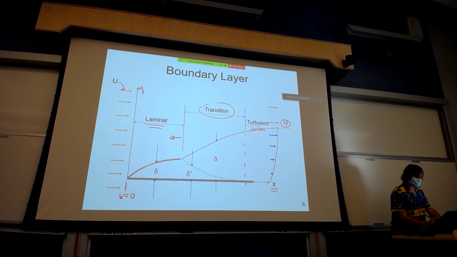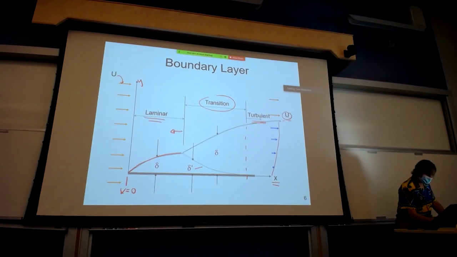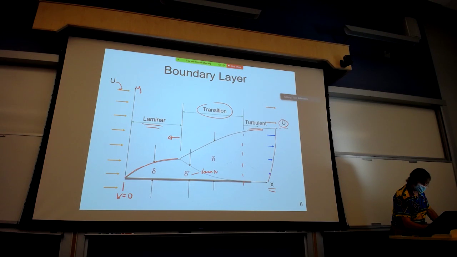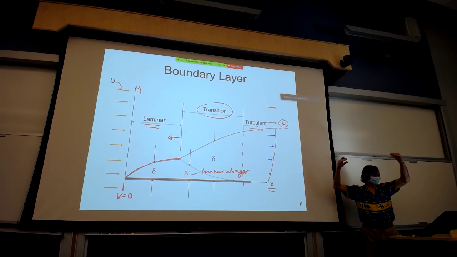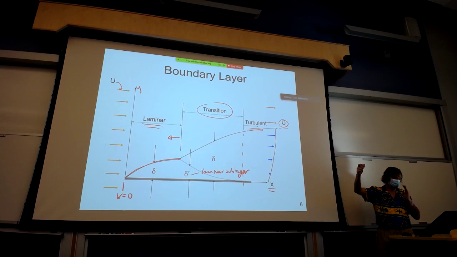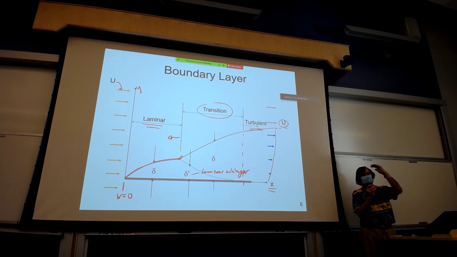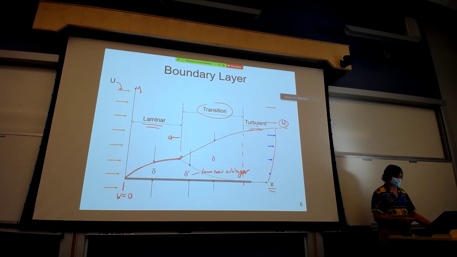And what's happening in that transition is there's this laminar sublayer. That starts off at the very beginning, or the leftmost portion of this region. The entire boundary layer is laminar. But what happens at the very upper edge is those molecules, when they're moving against the free stream velocity, are becoming unstable, and turbulence initiates there.